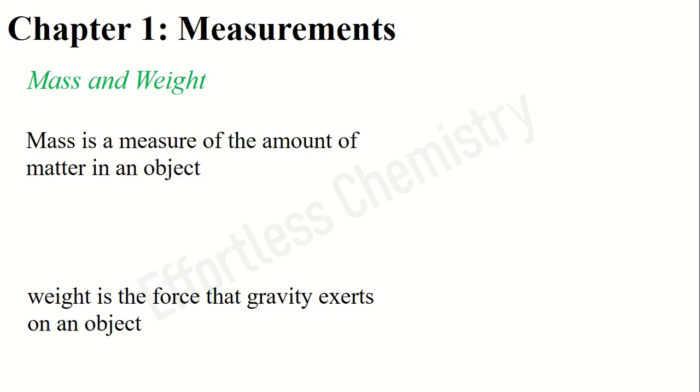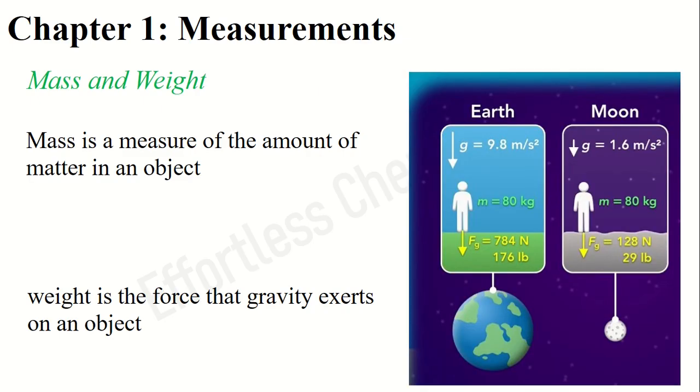For example, consider one person one time on the surface of the earth and the other time on the surface of the moon. The mass of this person is always constant.